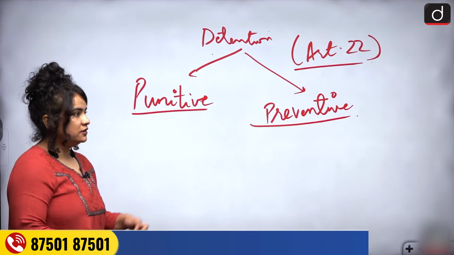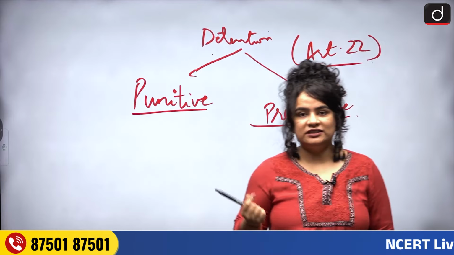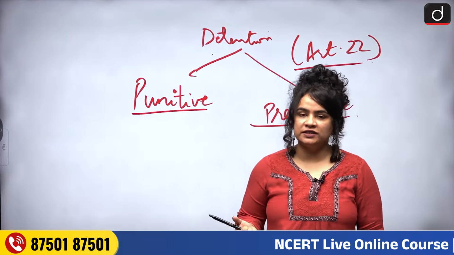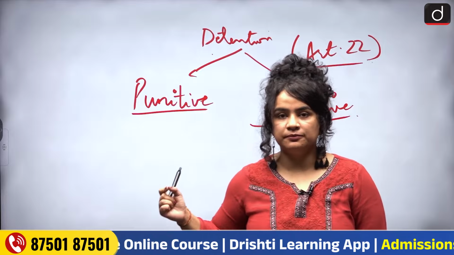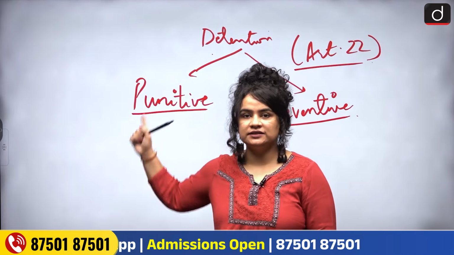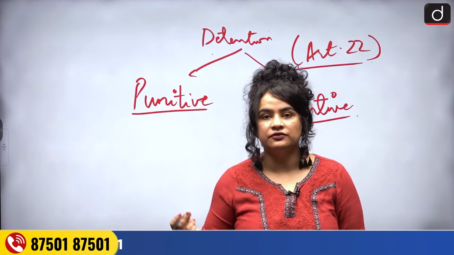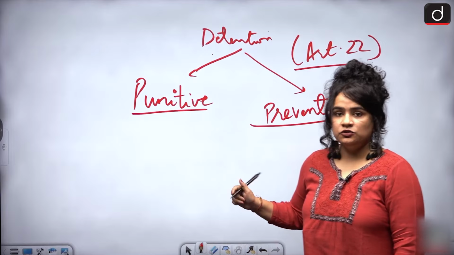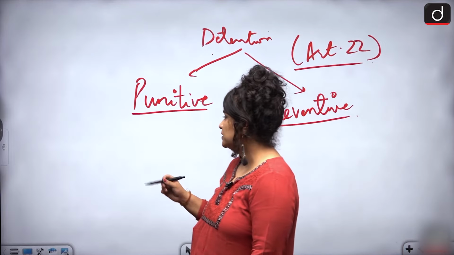Before that, Article 20 also talks about protection in respect to conviction for offences, and Article 21 talks about right to life and personal liberty. Now, why I'm mentioning these 2 articles is because this article follows from there and sometimes even is contrary to the provisions contained in Article 21, which is right to life and personal liberty.